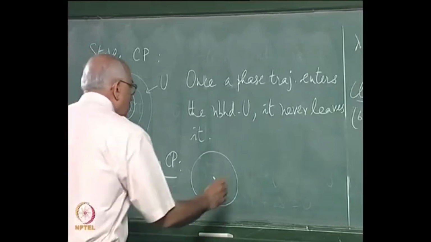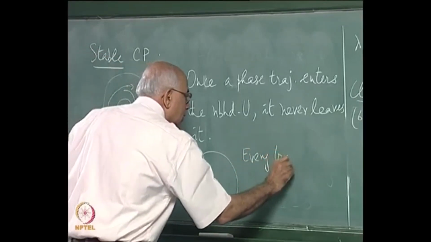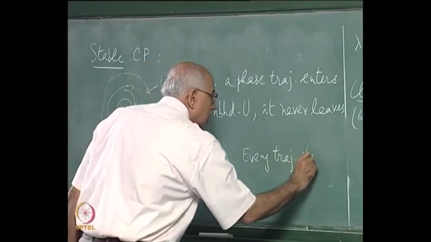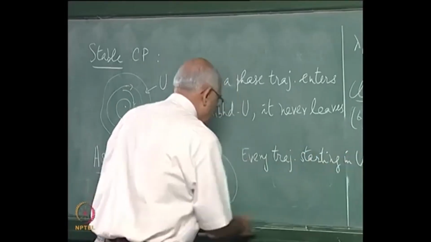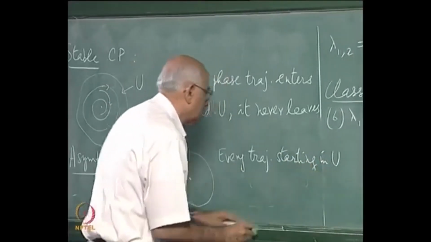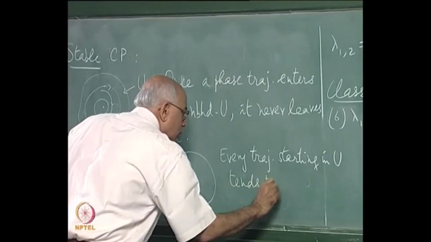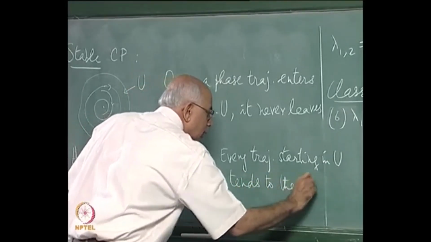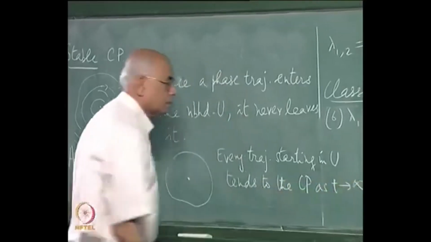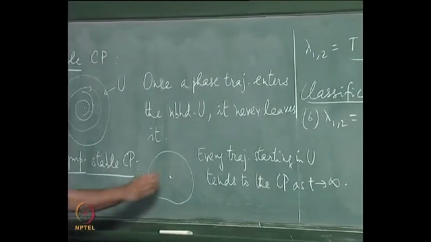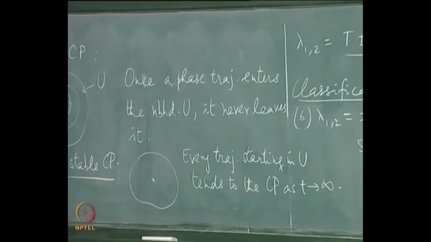So every trajectory starting in U tends to the critical point as t tends to infinity. So if something starts here, it is guaranteed to fall into this asymptotically as t tends to infinity.